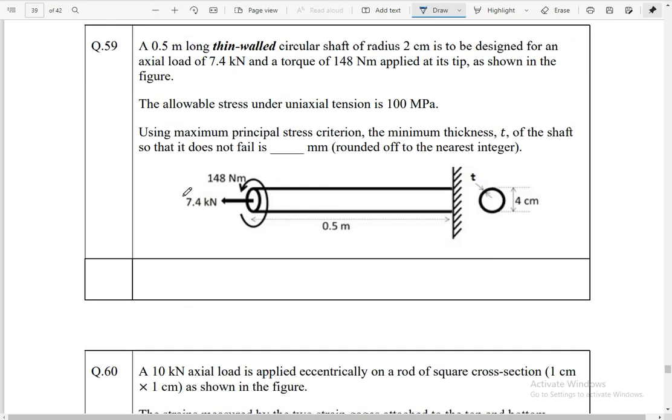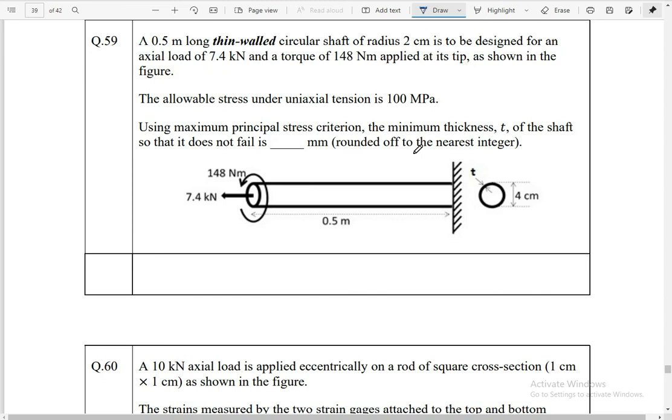Using maximum principal stress criterion, find the minimum thickness T of the shaft so it doesn't fail. It simply asks for minimum thickness. Torque is given, 148 Newton meter, and axial load is given, 7.4 kilonewton.